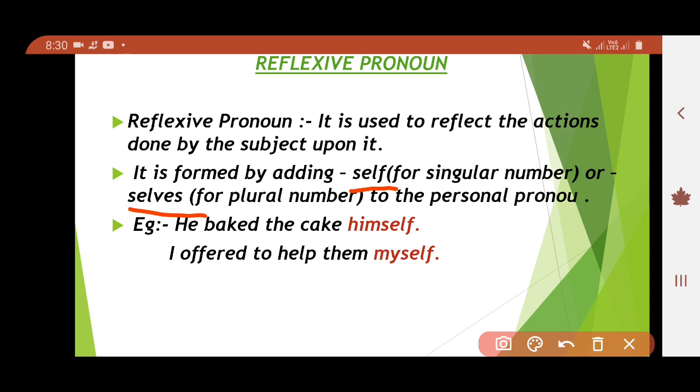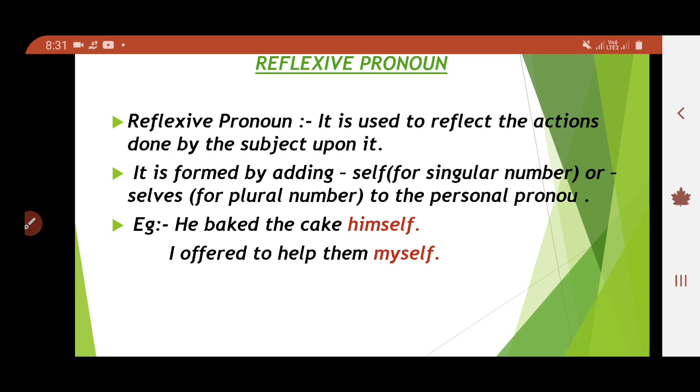And what were the personal pronouns? Him, he, she, it, I, my, all these were the personal pronouns. You can check your textbook while looking at this video.